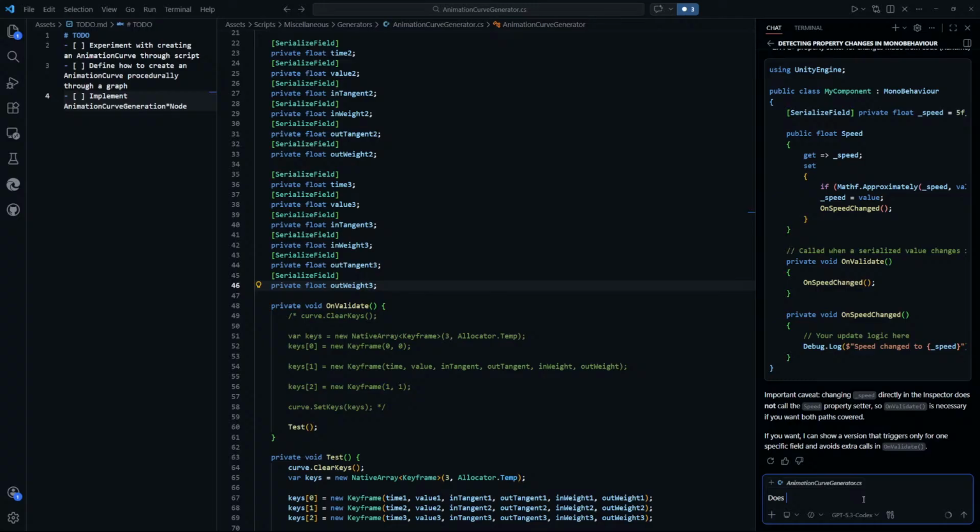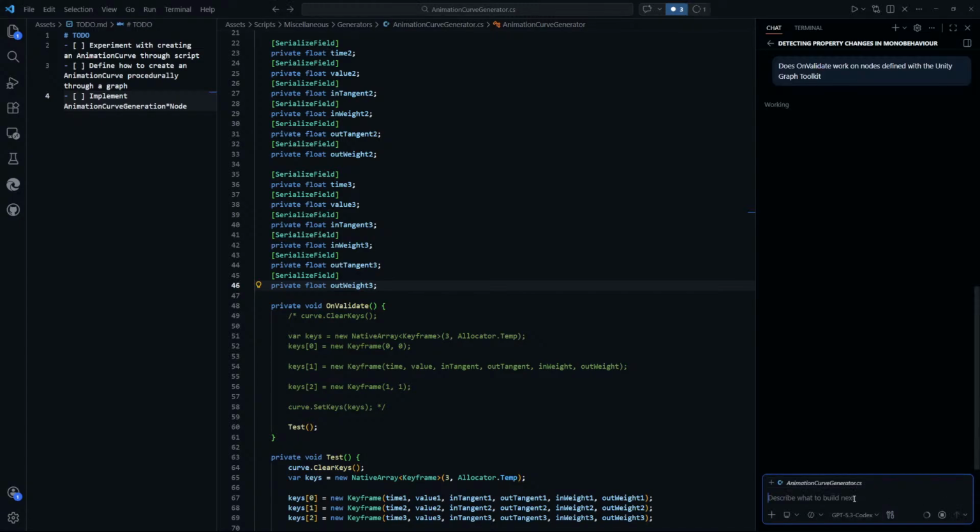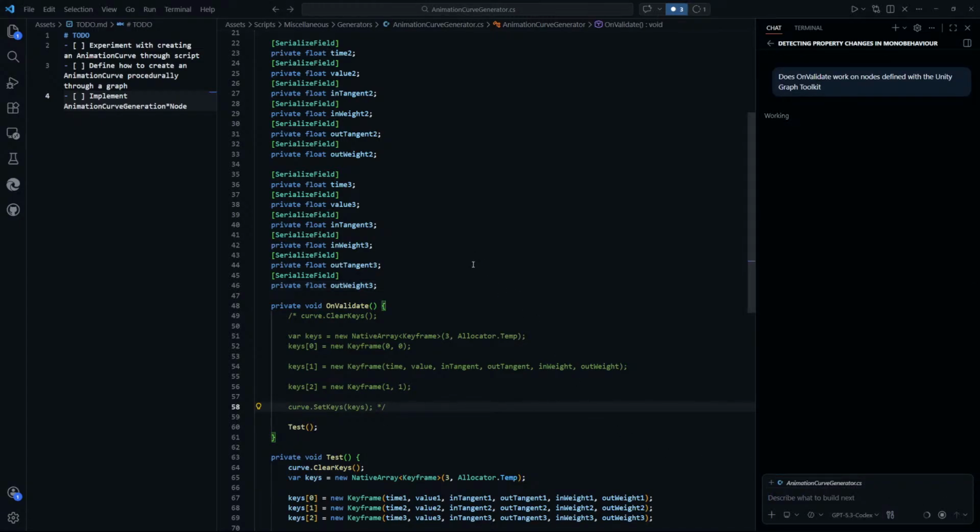Does OnValidate work with the Unity Graph Toolkit, or work on nodes defined with the Unity Graph Toolkit? Because when we start building graphs to procedurally generate animation curves, I would love to have instant feedback.